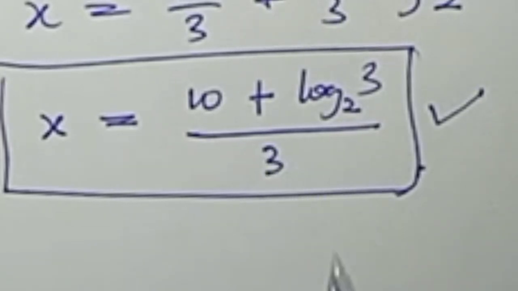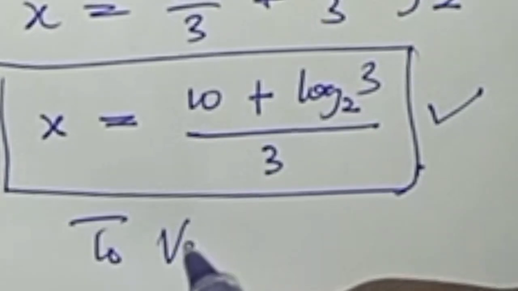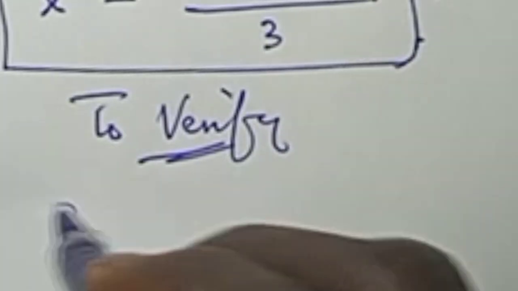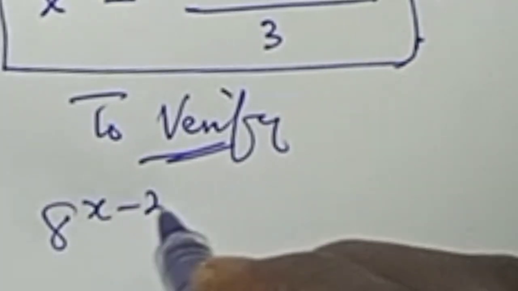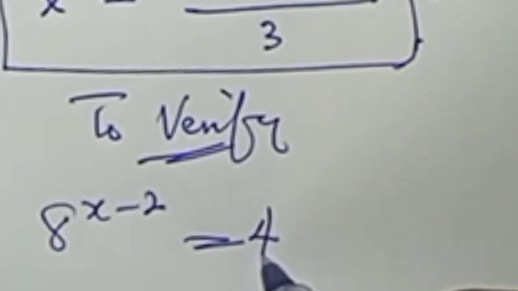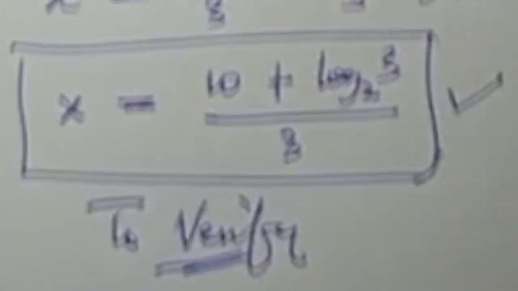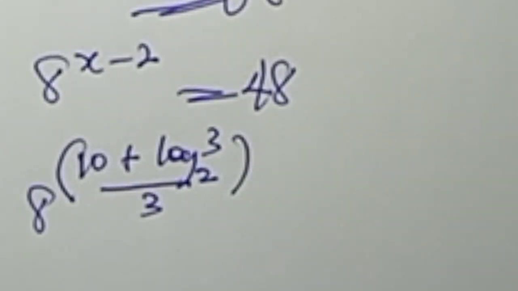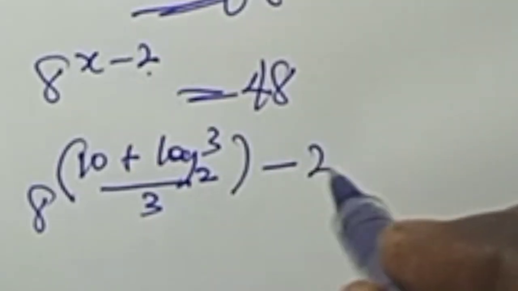So this is the value of x that satisfies the equation, but to check if it is true, we can verify. From our original equation, 8 to the power of x minus 2 equals 48. In place of x, we introduce this value so that it becomes 8 to the power of, in brackets, 10 plus log 3 base 2 all over 3, minus 2.